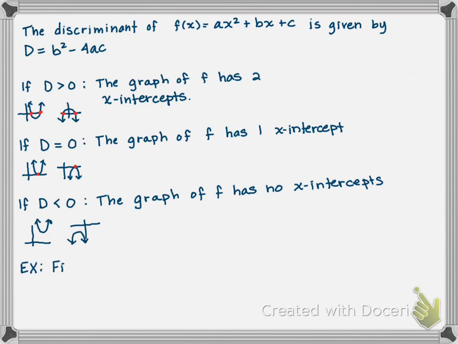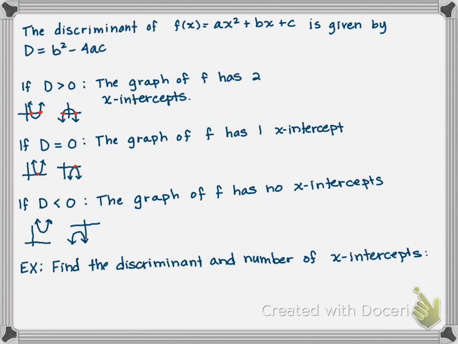Find the discriminant and the number of x-intercepts. So f of x equals 4x squared plus 12x plus 9.